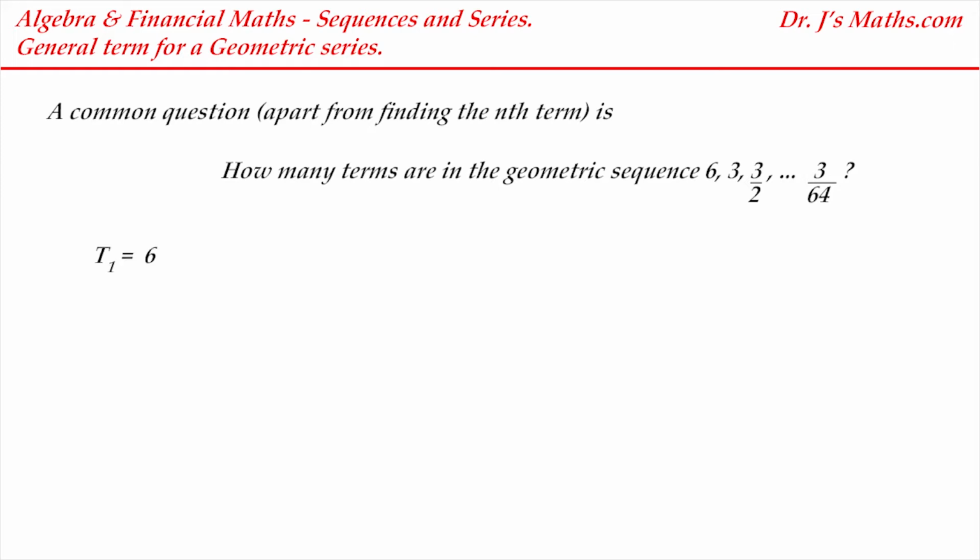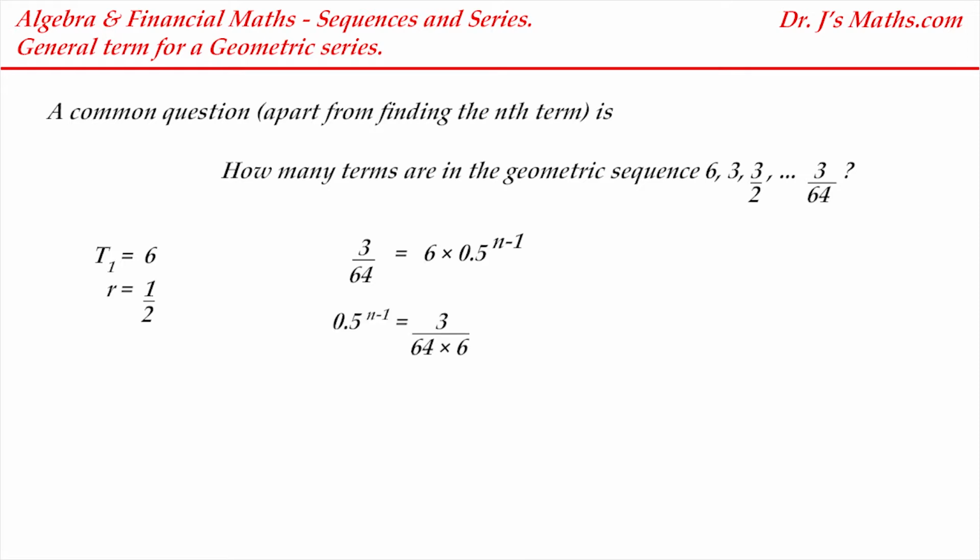Write down T1, the first term, which is 6. The common ratio is 3 divided by 6, which is a half. And then we say, well, the last term, Tn, is 3 over 64, so write that down, and that's equal to the first term, 6 times the common ratio, which I'll write as 0.5, to the n minus 1.